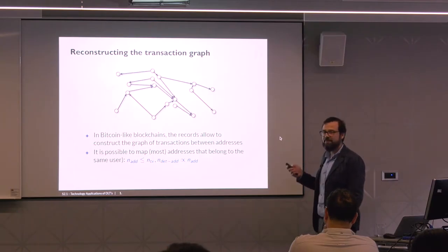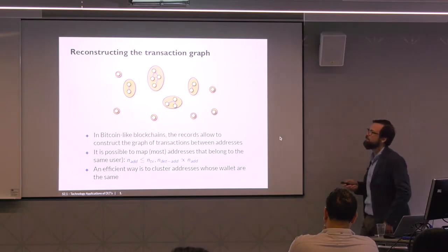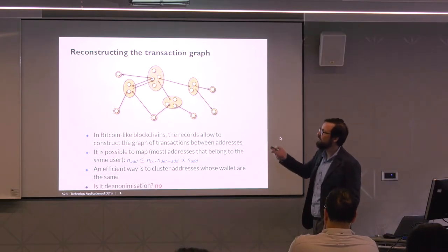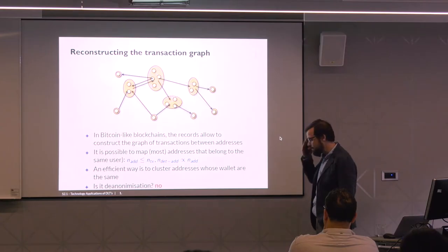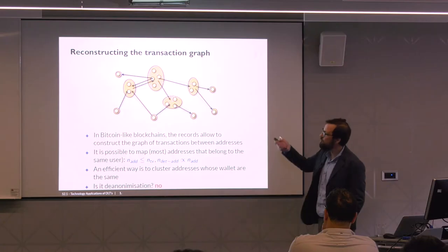But this is not the real representation of the economic transactions between the different users. What happens actually is that multiple of these addresses belong to the same users. Therefore, you can cluster them and replace all these spurious transactions between addresses with actual transactions between the users.